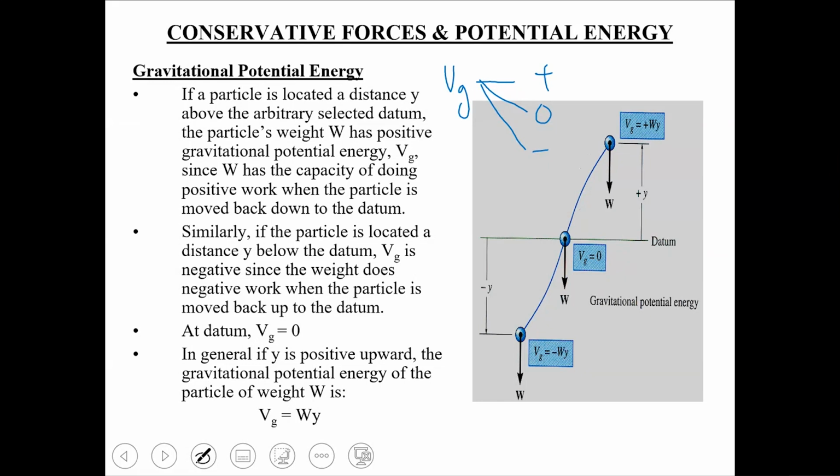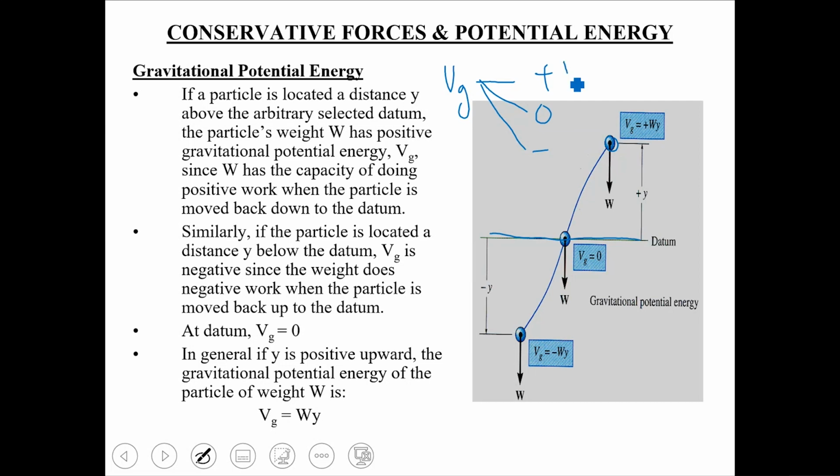For example, if a particle is located above the selected datum, जो भी आपने datum select किया उससे ऊपर lie करता है, then it has the potential of doing positive work once it is being moved from its current location to the datum. यानी अगर आप उस पार्टिकल को छोड़ देंगे उस पोजीशन पे तो वो ऑटोमेटिकली डेटम तक मूव कर जाएगा वेट की वजह से, ग्रेविटी की वजह से. So you can basically take work output from that particle.